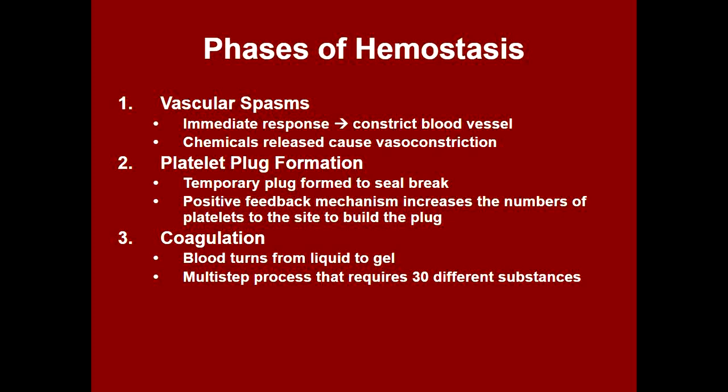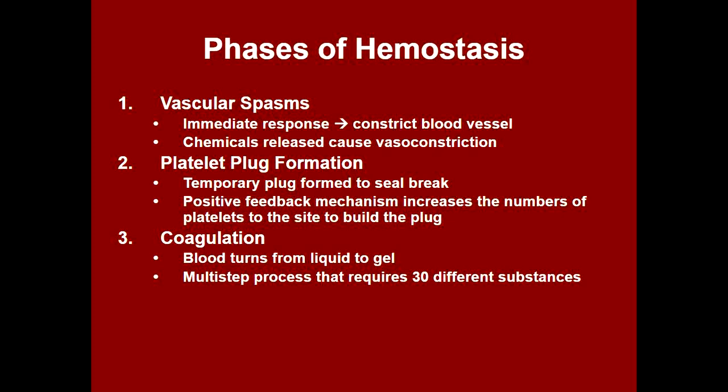The problem is vasoconstriction, or that constriction of the blood vessels, is not good because we want more platelets to get there, because the more platelets that we get there, the quicker we can plug that breach and stop bleeding. So our body goes through a positive feedback mechanism to dilate those blood vessels, to increase the number of platelets that go rushing to the site, and then that builds this plug around that breach.